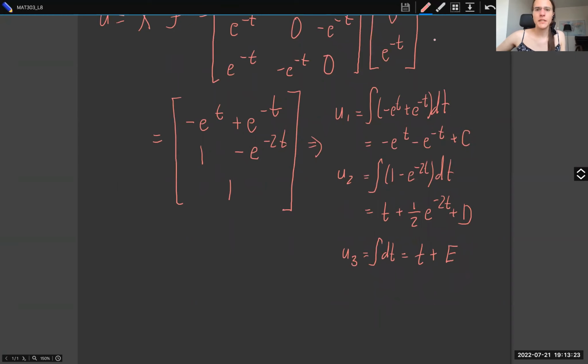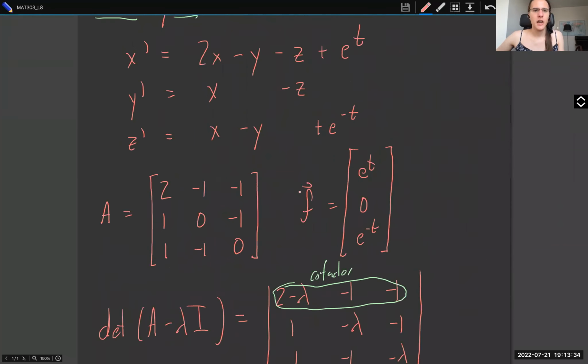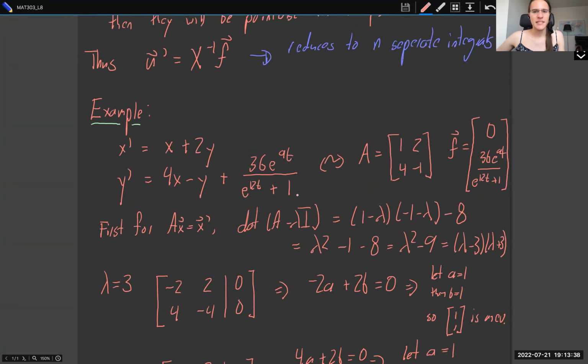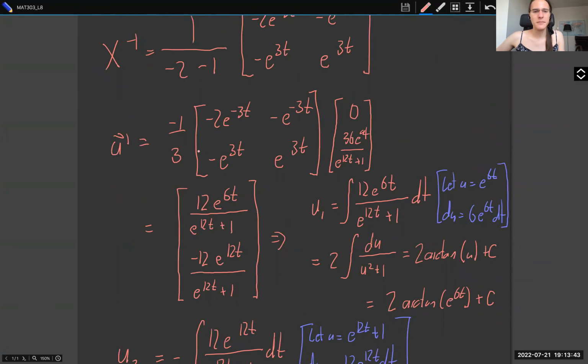Good. So we have u1, u2, and u3. Now, if you are going to ask, well, okay, what is u? Well, last time we just went directly straight back to our original ansatz. And our original ansatz was basically that it's this u1 times x1 plus u2 times x2, whatever.